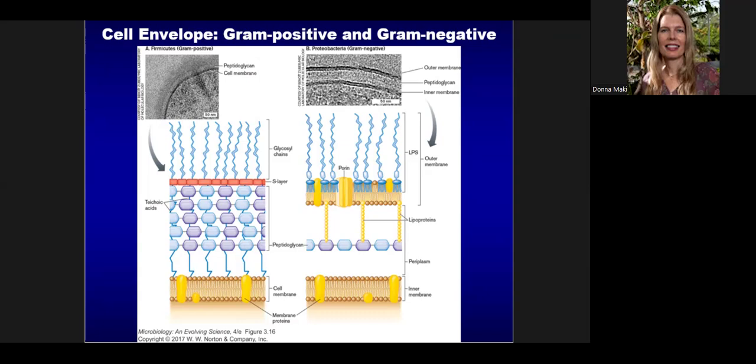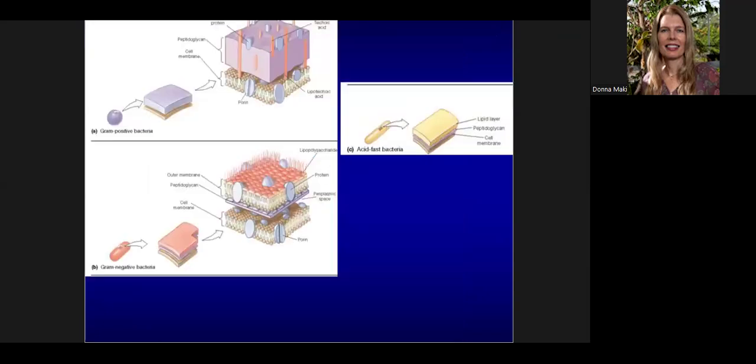So I wanted to get into that a little bit. They're trying to show that there's many layers of these molecules that are in these long chains, many, many layers. So that's why the gram positive has such a thick peptidoglycan. And then with the gram negative, you can see it's pretty much a single layer.